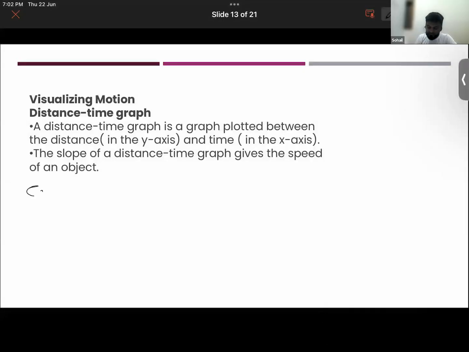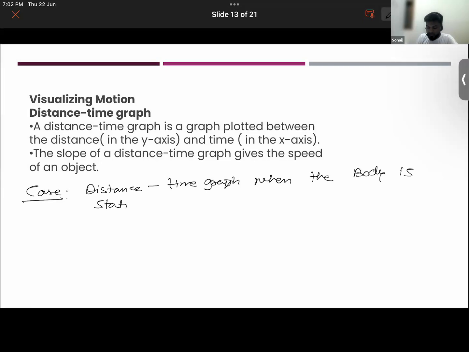See here, the case is the distance time graph when the body is stationary, meaning the body is not moving.